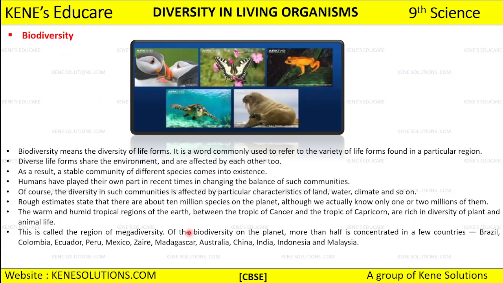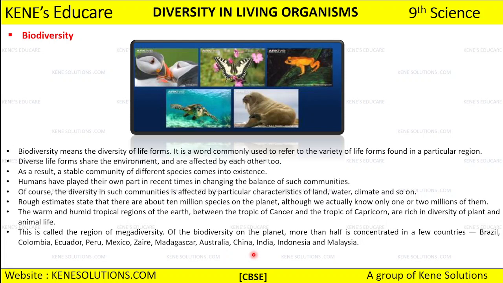Okay, so of the biodiversity on the planet, more than half is concentrated in a few countries: Brazil, Colombia, Ecuador, Peru, Mexico, Zaire, Madagascar, Australia, China, India, Indonesia and Malaysia.